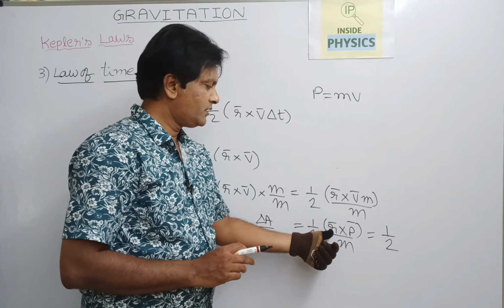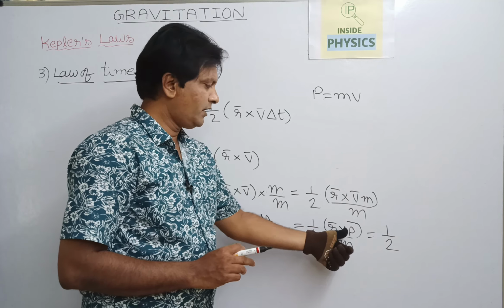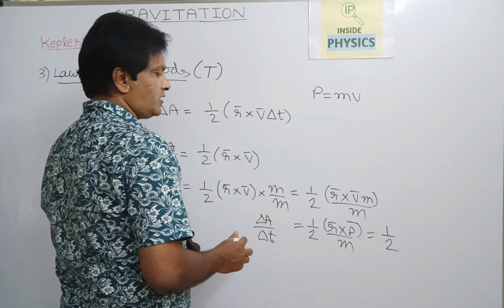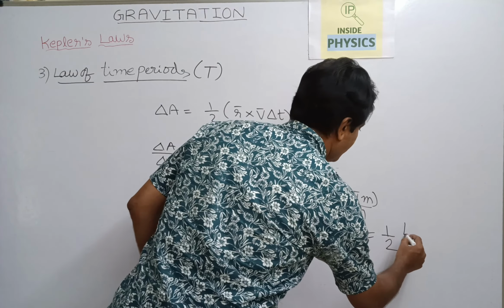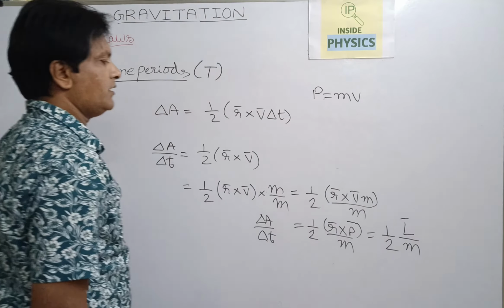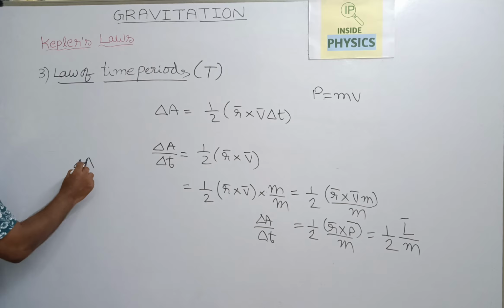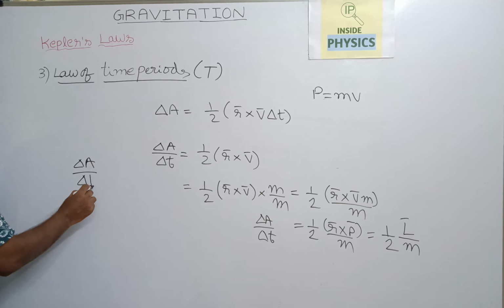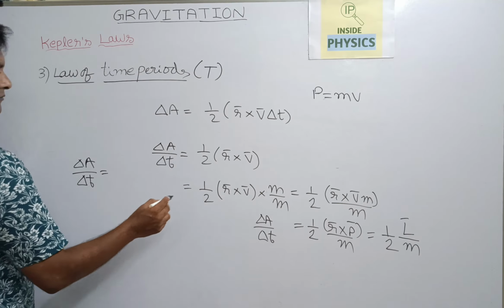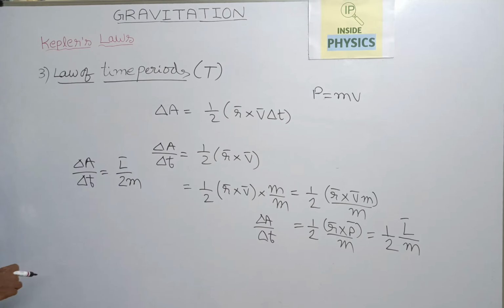That means r can be considered as the distance between the planet and the sun, and the cross product with the linear momentum will give the angular momentum, divided by mass. So what we got finally, delta A by delta t is equal to L bar by 2m.